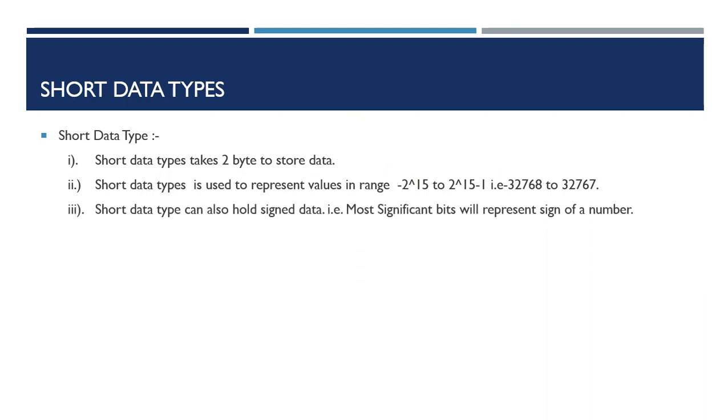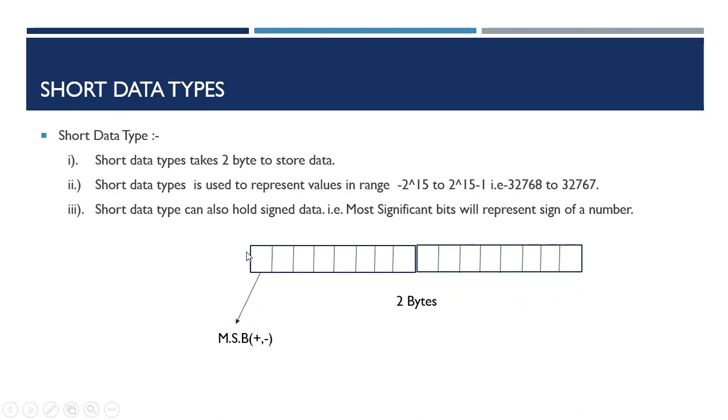Actually friends, the short data type can hold signed values. It means that it can hold negative values as well as positive values. So the most significant bit is used to represent the sign of a number, and the remaining 15 bits are used to represent the number itself.